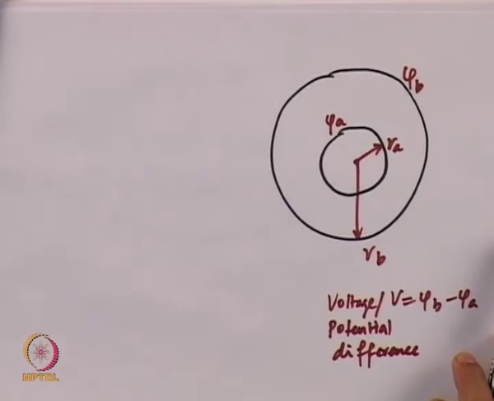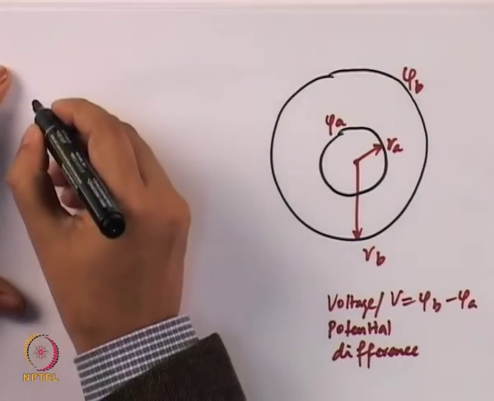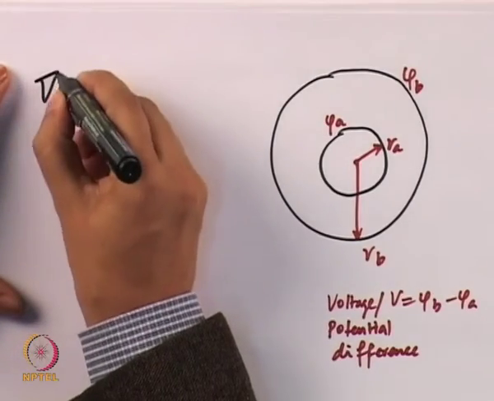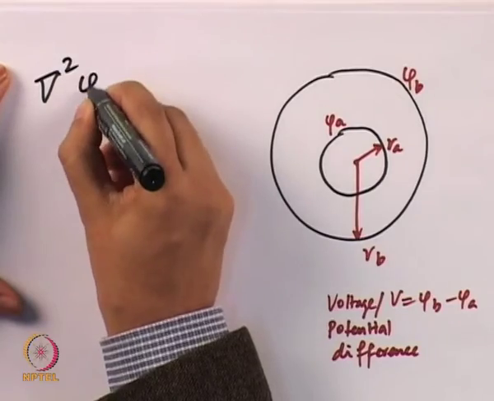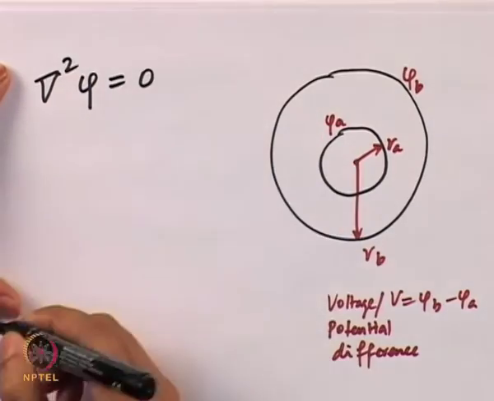So let's look into the way we are going to analyze this problem mathematically. So the mathematical formulation of a problem of this sort begins with the Laplace equation, which is basically written as del square phi is equal to 0.